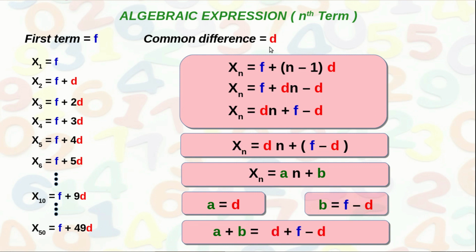That is d plus f minus d. Adding, we get f. That means the algebraic expression of an arithmetic sequence is of the form an plus b, where a is the common difference and a plus b is the first term. In other words, any expression of the form an plus b represents an arithmetic sequence.